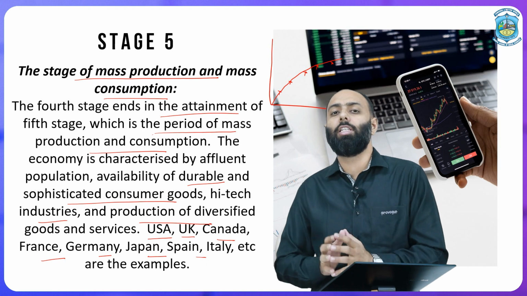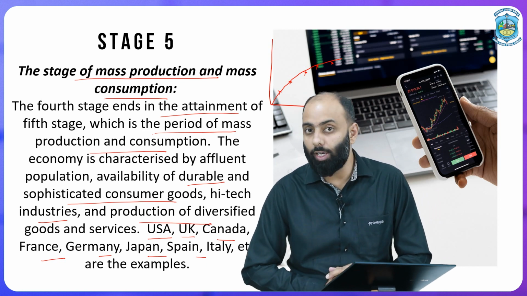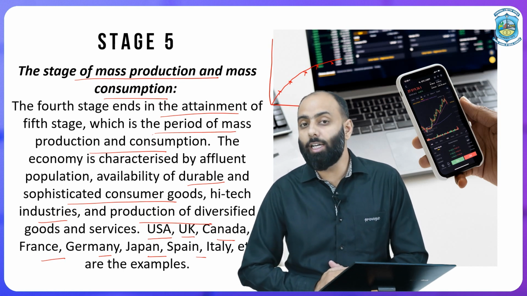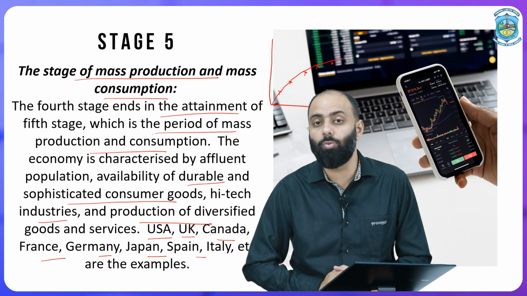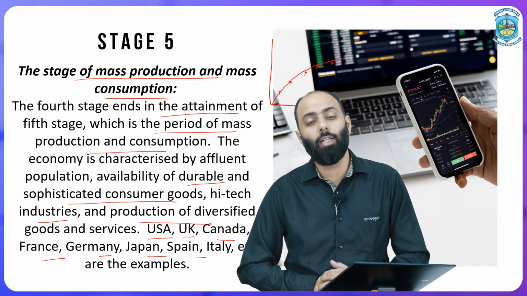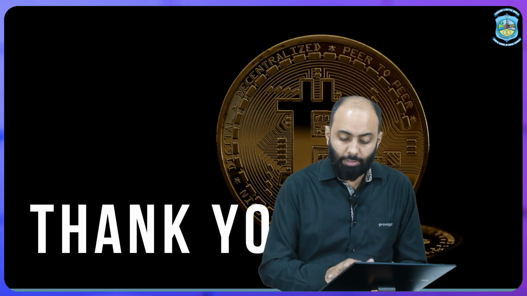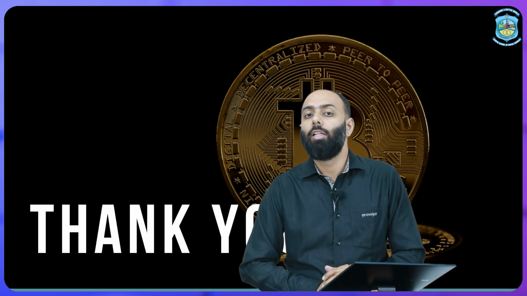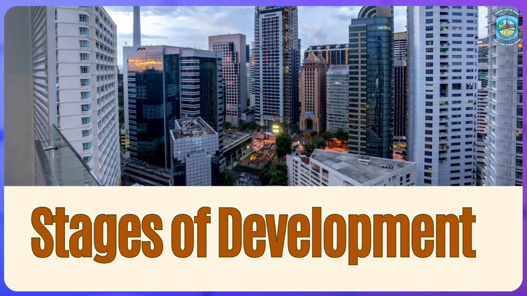And in the fifth stage, agriculture is able to fulfill the needs of our country and works as mass consumption and mass production, and at the same time we are also able to fulfill the needs of others in the world, in the global economy. So, this is all about the basic understanding of W. Rostow's stages of economic development and growth.